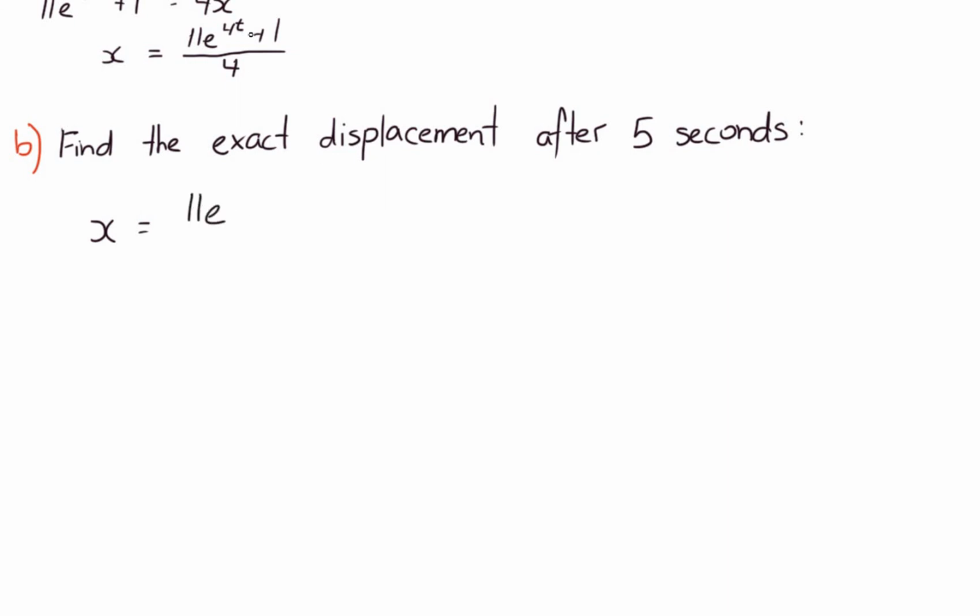We've got e to the power of 20, so 4 times 5 when we substitute that in, so e to the power of 20 plus 1 all over 4. Now, because we're after a displacement, this is going to be in meters. Nice and easy for that part.